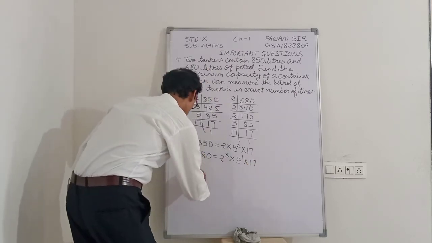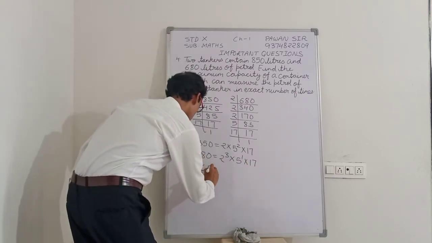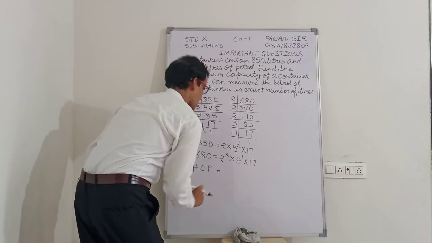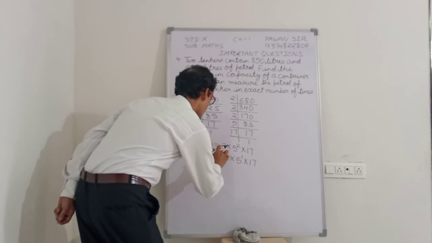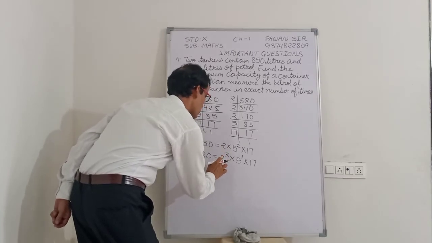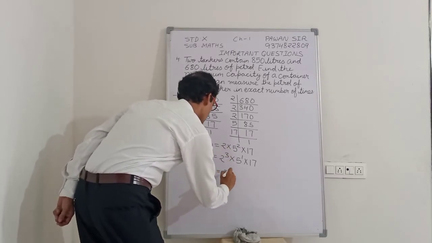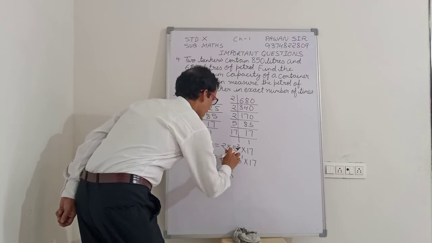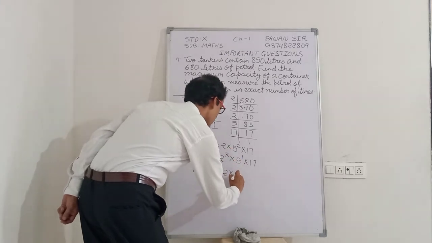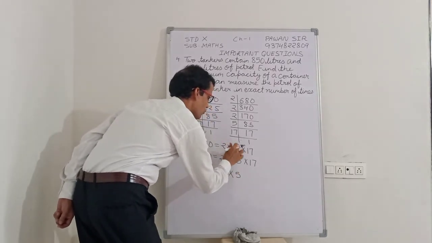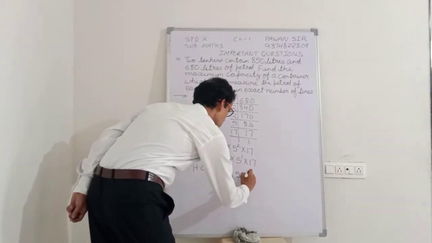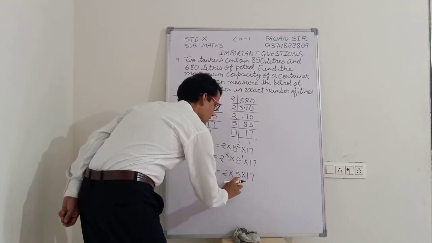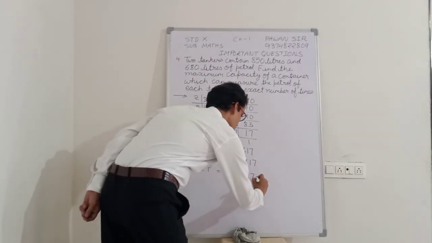So what is HCF? Highest common factor. The number should be common in both these. So out of 2 and 2 power cube, we have to write 2. Again for 5, of 2 and 1, the minimum power is 1. So we have to write 5 into 17. 2 5s are 10 and 10 into 17, 170.